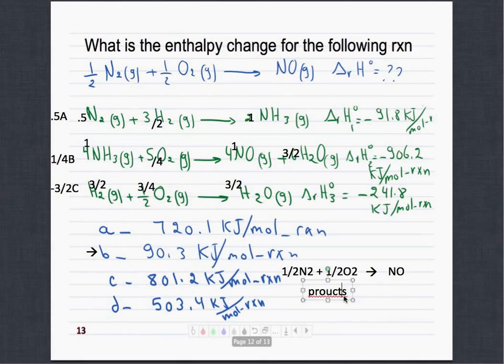So what I'm going to do is reverse C and multiply it by 3 over 2.